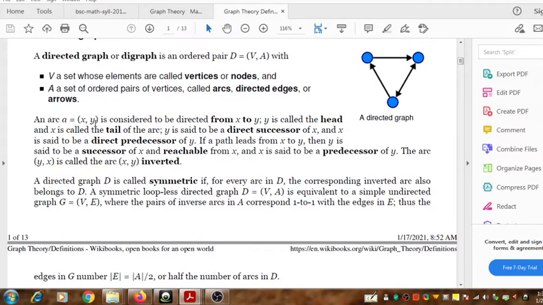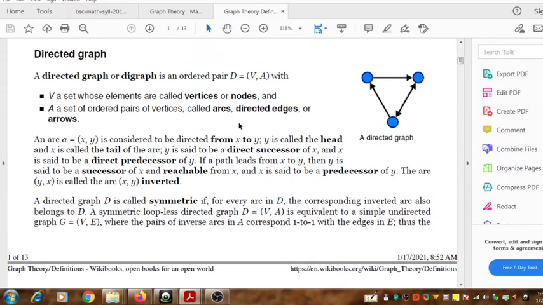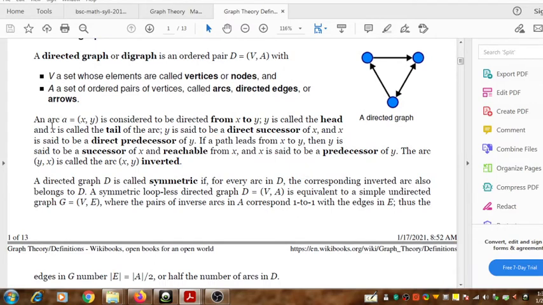An arc a equal to xy is considered to be directed from the vertex x to y.